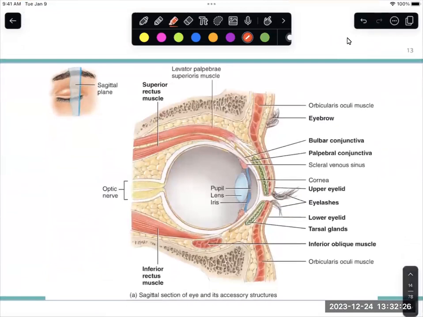So let's look at some of these muscles. So here we have that superior oblique. This muscle is coming straight in. Same with that inferior rectus. Here's that inferior oblique muscle here that is coming across underneath that eyeball.